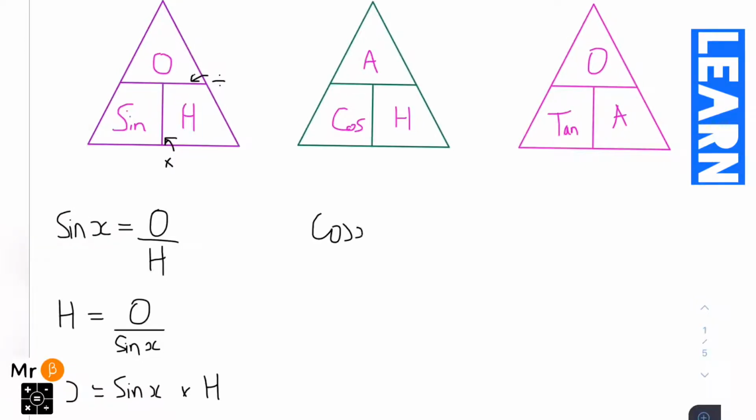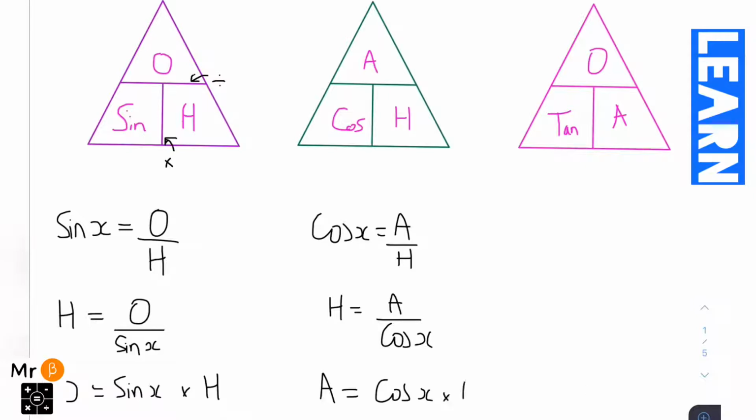The other formulas: cos x is equal to a divided by h, h is equal to a divided by cos x, and a is equal to cos x times by h.